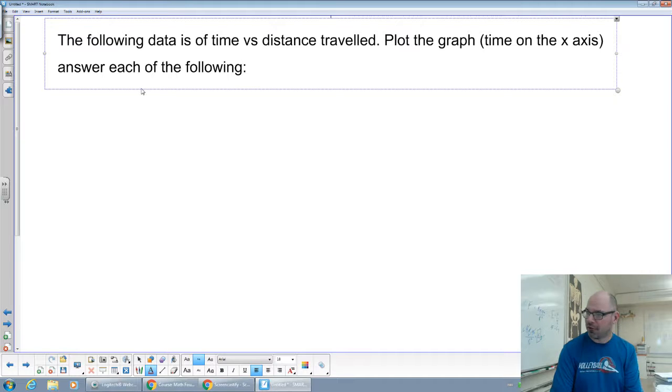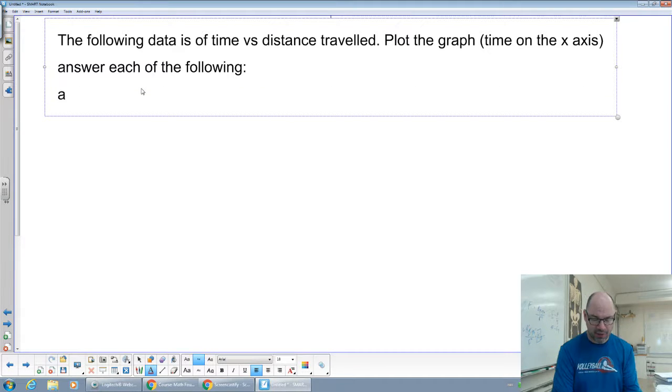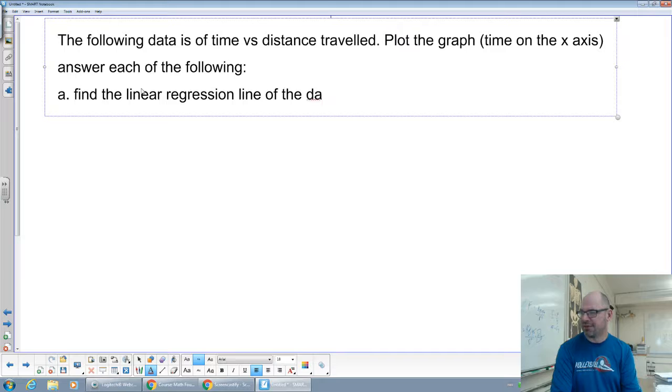Okay, so the first thing we're going to do is, let's say, plot the graph. We're going to do that, and then the first thing we're going to do is find the linear regression line of the data.